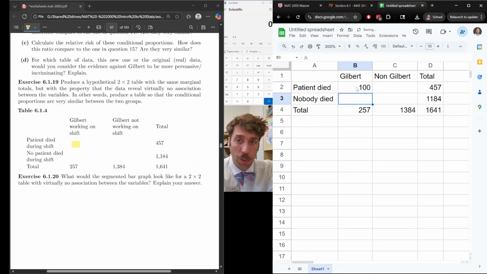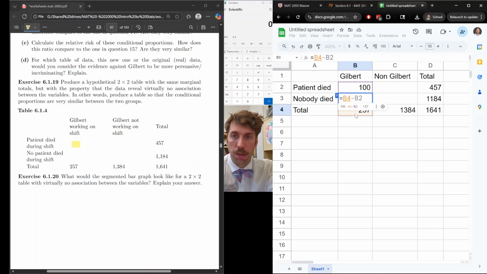Now we know that these numbers have to add up to the total. So for spreadsheets, if you start off with the equals, then you can do a formula. It's suggesting a formula, which is the correct one. But you can either type in B4 because I want to use cell B4, or I could click on it. So I could click on total, then I'm going to press the minus, then I'm going to click on this one.